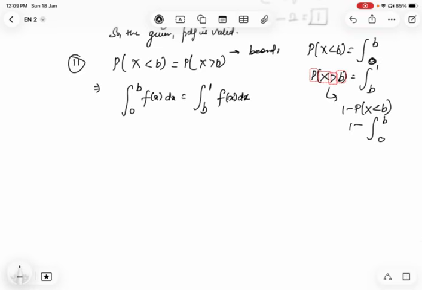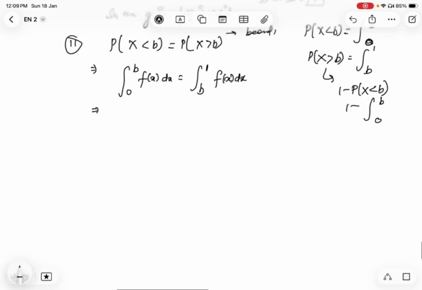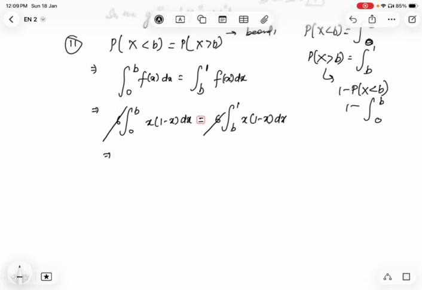fx dx. So take the 6 common, we have the integral from 0 to B of x into (1 minus x) dx is equal to 6 common, the integral from B to 1 of x into (1 minus x) dx. 6 and 6 can be cancelled out. So what is the integration? x squared by 2 minus x cubed by 3.